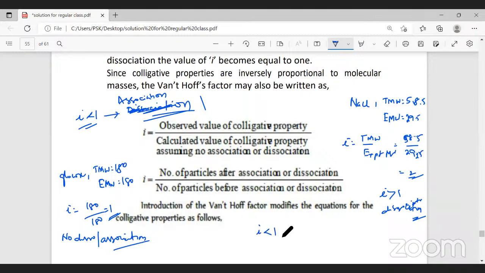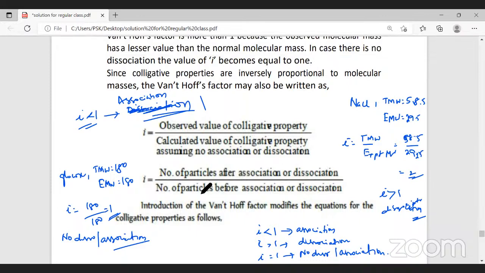When i is less than 1, the solute undergoes association. When i is greater than 1, the solute undergoes dissociation. And when i is equal to 1, no dissociation or association. Did you understand this?